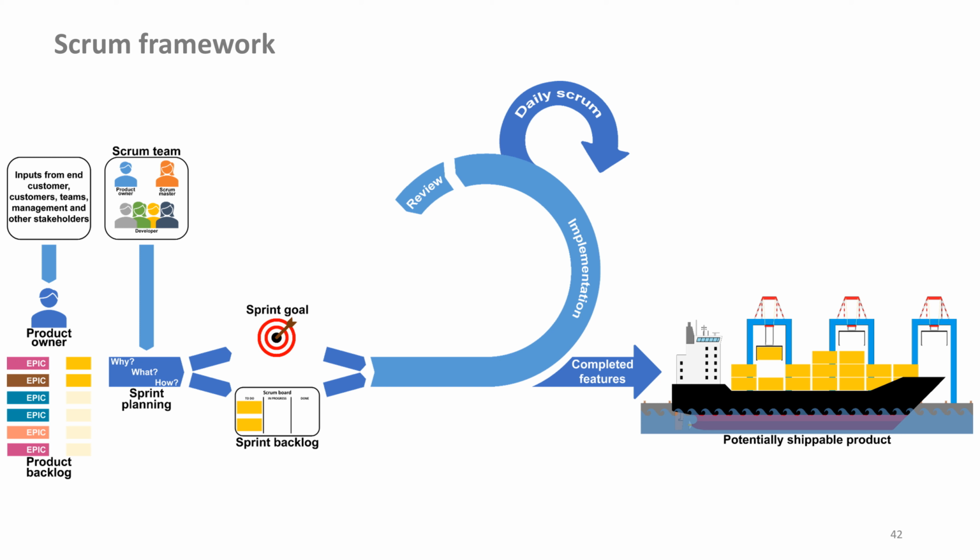After the review, the team goes into the sprint retrospective. This means that we get feedback on what we have delivered as a team. We also get feedback on how we delivered it.